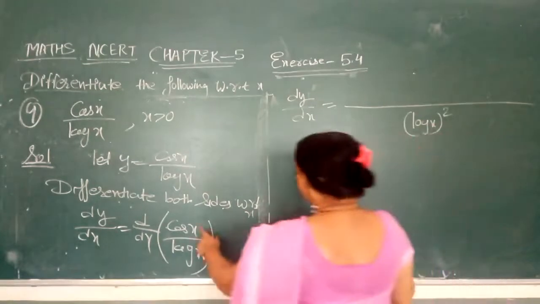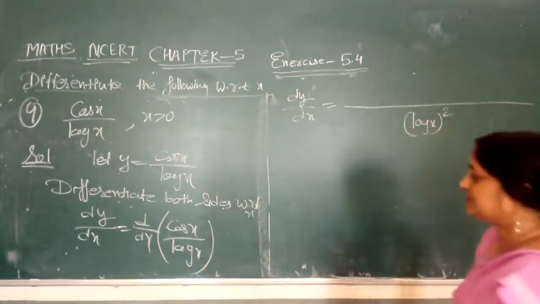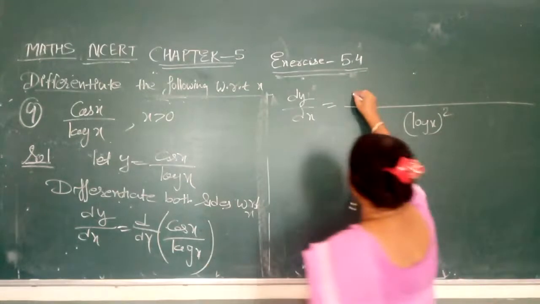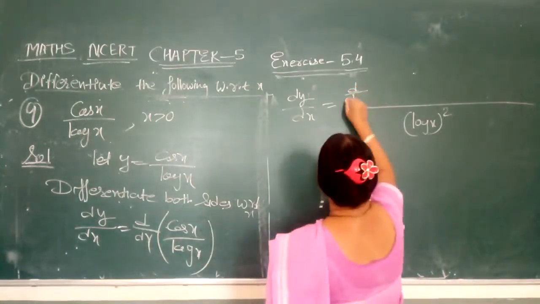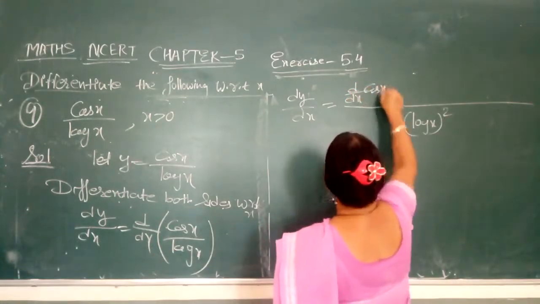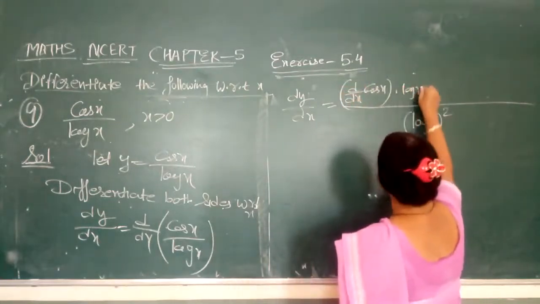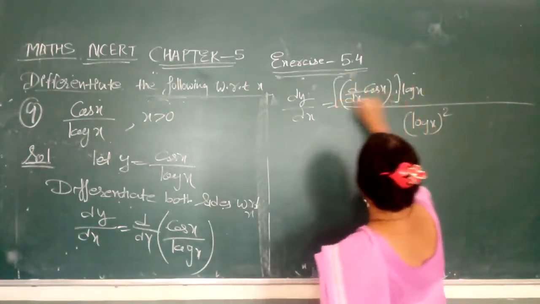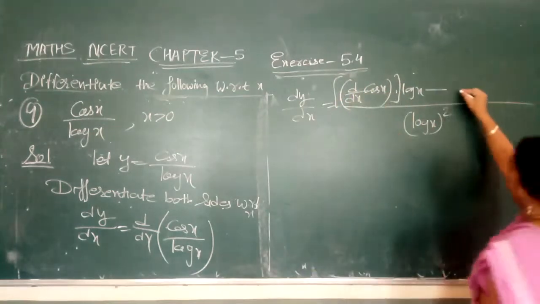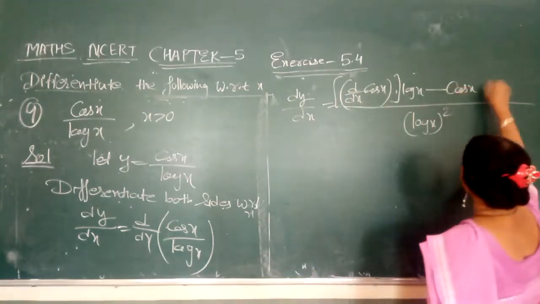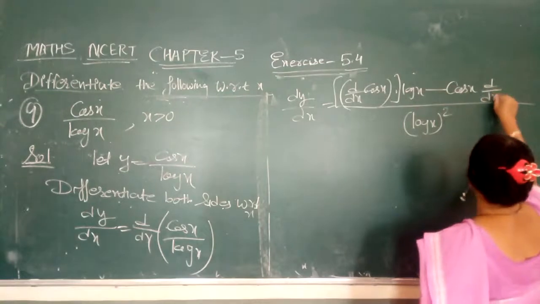After that, the formula is u dash v. You have to find out the derivative of cos x because u is cos x, and log x as it is. After that, minus cos x as it is, derivative of log x.